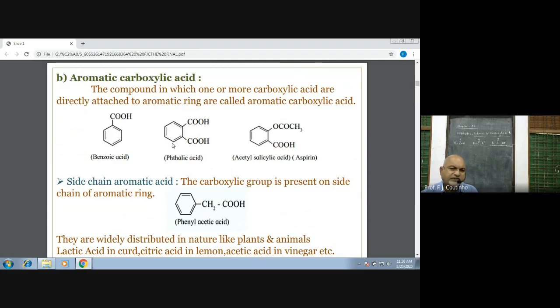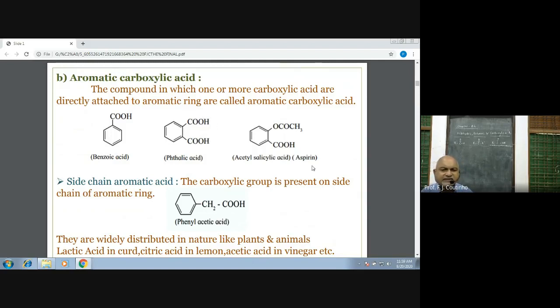The next position is meta and then there is para. Here there is a carboxylic group at the ortho position, and that's why it is known as phthalic acid. Adjacent carbon, here or here. If the same carboxylic group was here, it would have been the same phthalic acid. So benzoic acid, any one carbon atom. Phthalic acid, 2 carboxylic acids.